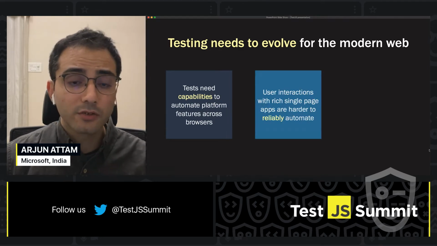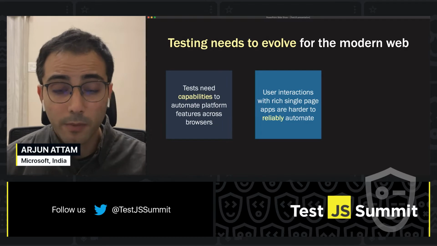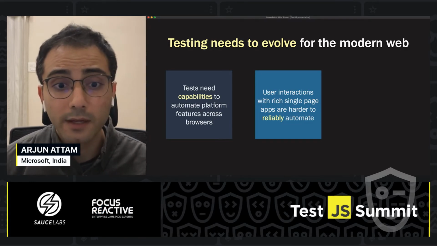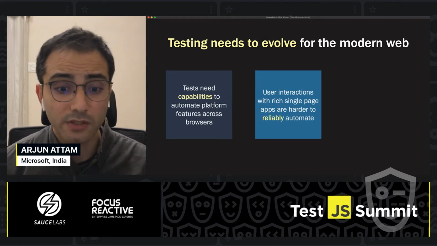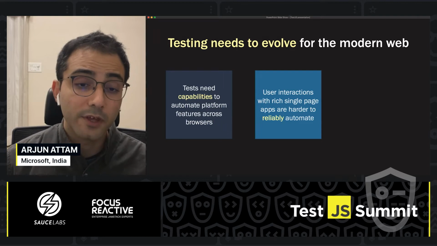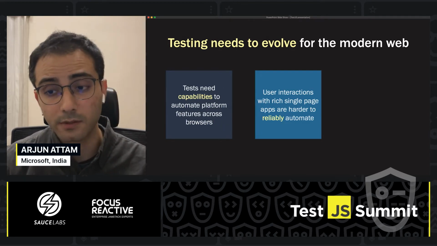The applications of today are also harder to automate. Tests cannot keep up with how reactive frameworks work, right? And so teams that are building rich single-page applications find that their end-to-end tests are flaky. They're not able to reliably automate user interactions on their applications.